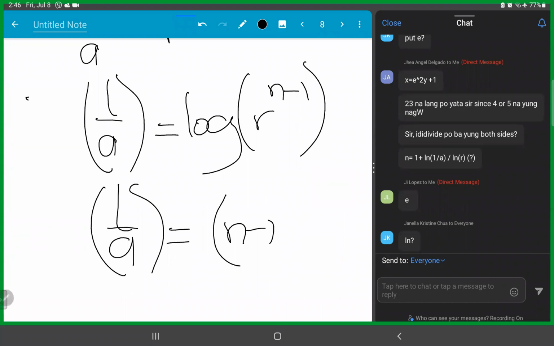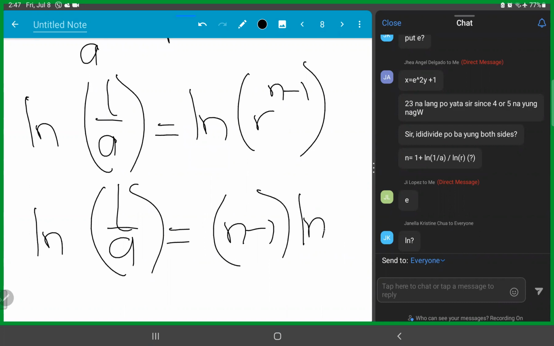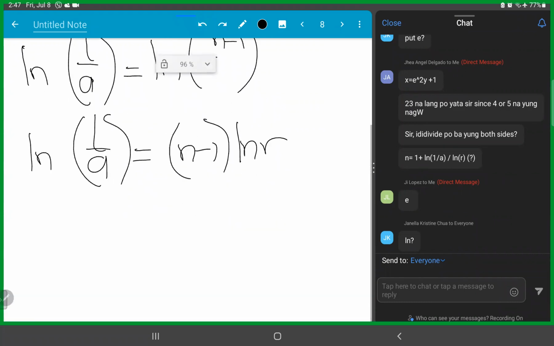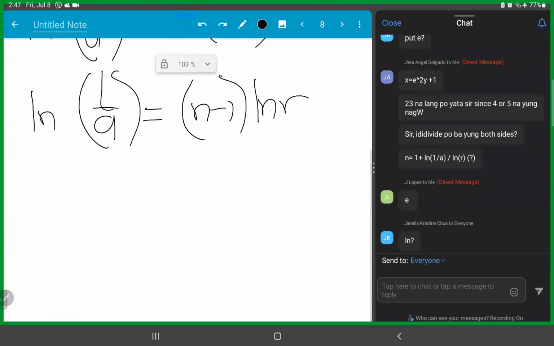Again, ln left-hand side equals ln right-hand side. Bring down, there it is. And then we can solve for n. We can bring down ln r here. Divide by ln r, but to avoid a fraction, which looks better? Okay. As long as the answer is correct, fine. It's fractional.